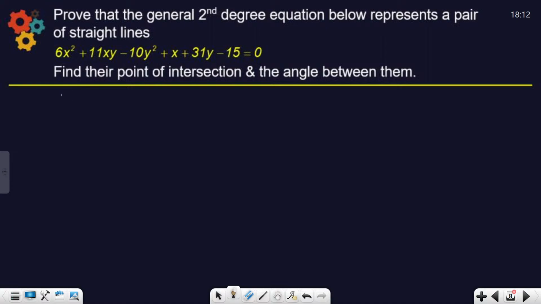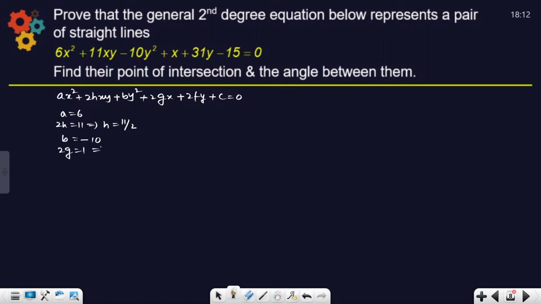I will simply write, if I compare this equation with our general second degree equation, then we are getting A is 6, 2H is 11, implies H is 11 over 2, B is minus 10, 2G is 1, implies G is 1 over 2, 2F is 31, implies F is 31 over 2, and C is minus 15, right?